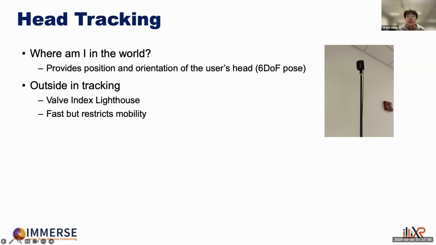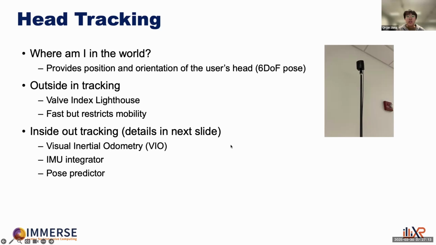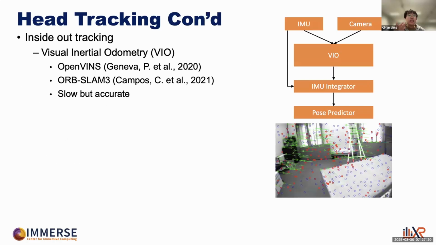Another approach of head tracking that doesn't have this restriction of mobility is the inside-out tracking, which uses only the built-in sensors on the device, such as cameras and IMUs. So in ILLIXR, the inside-out head tracking pipeline starts with cameras and IMUs, and then there's a visual inertial odometry, or VIO, which takes inputs from the cameras and IMUs and generates the pose estimates by tracking the salient features across images and estimating how these features actually move across images.